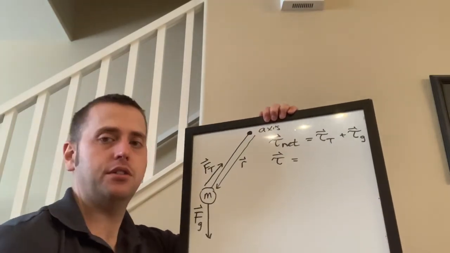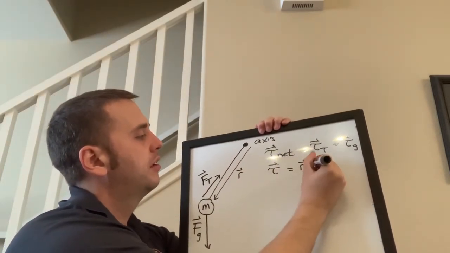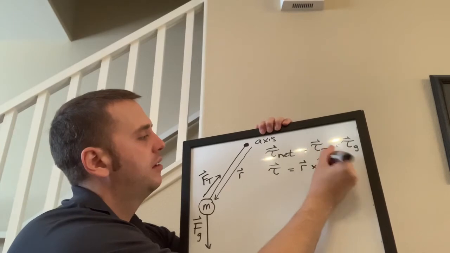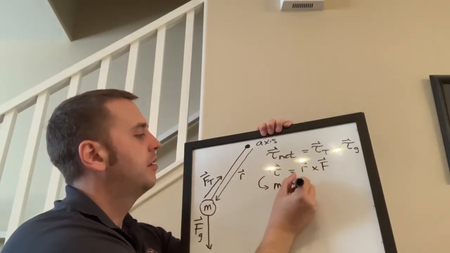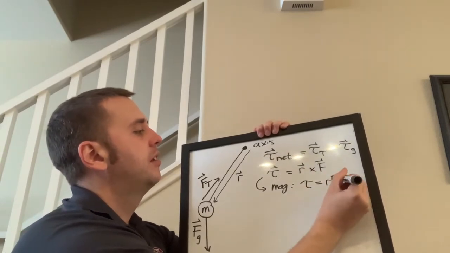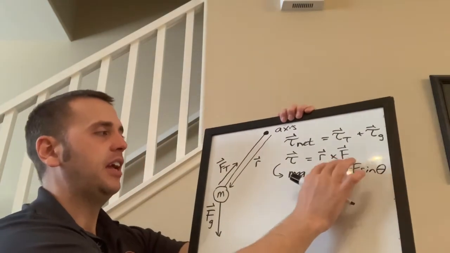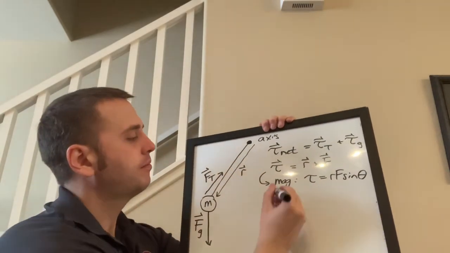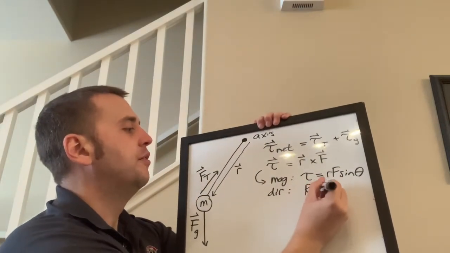The torque vector is given by R cross F. And if we want the magnitude, that would be given by RF sine of theta, where theta is the angle between R and F. If we want the direction, we would just use the right-hand rule.